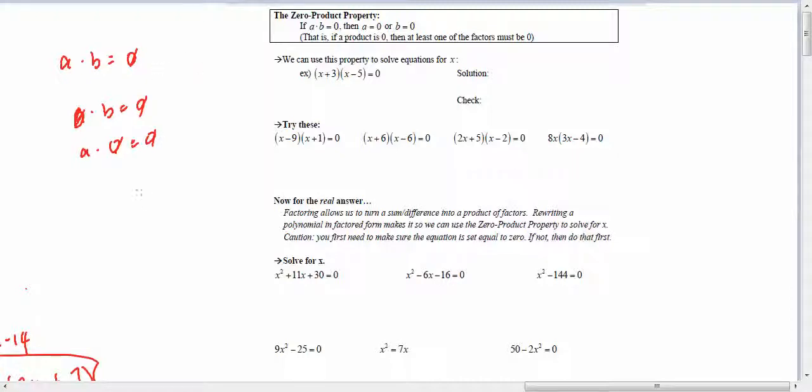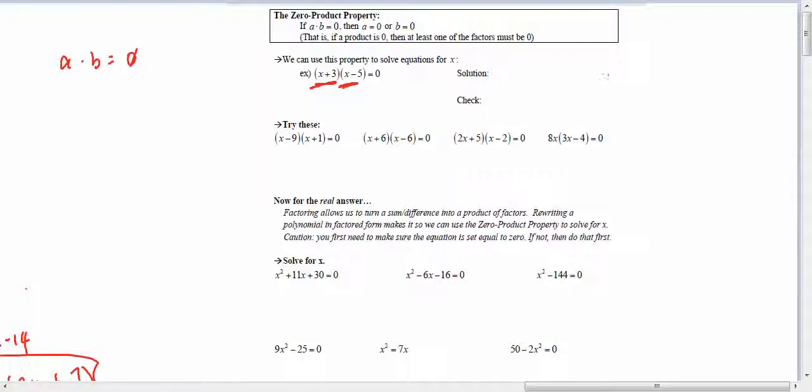So if I see this statement, A times B equals 0, then I can say A equals 0 or B equals 0. There's nothing wrong with that. Something times another thing equals 0, then that first thing is equal to 0, or that second thing is equal to 0. Right? Well, we can apply that idea to this. This thing times that thing is equal to 0.